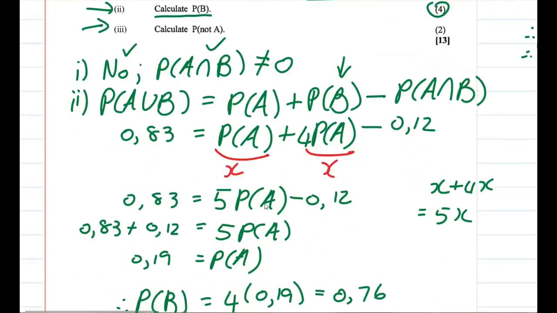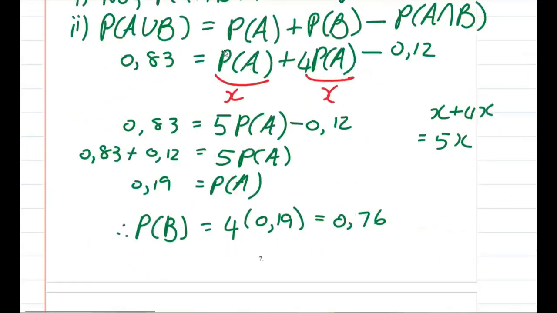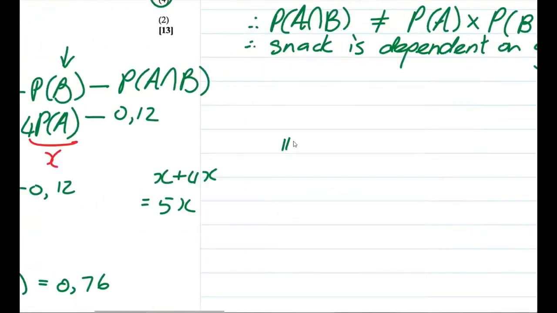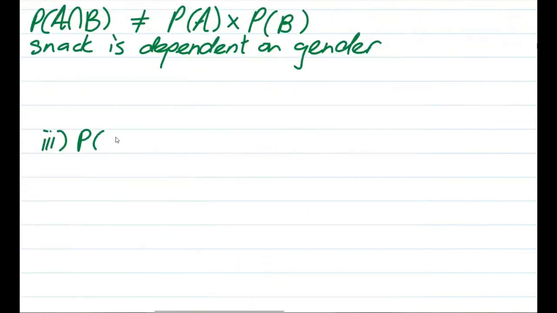And now they ask you to calculate the probability of not A. Okay, now there is a rule for this. Go and look on your slides, which says complementary events.